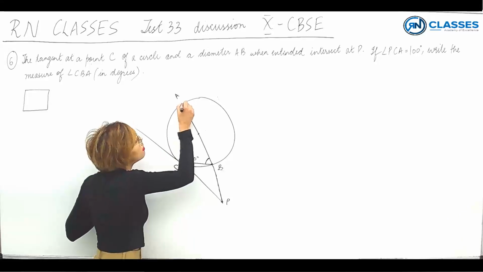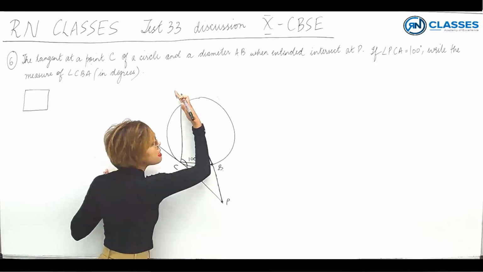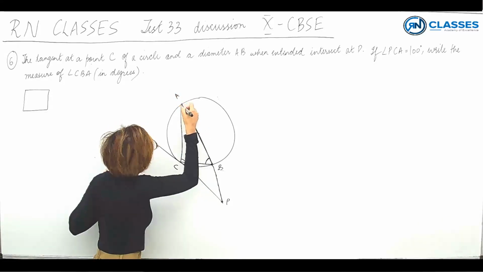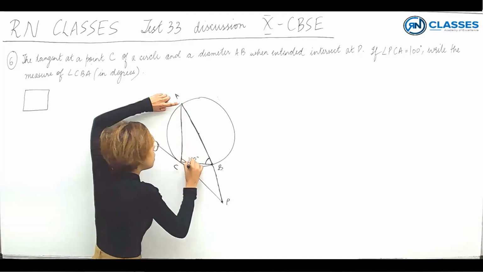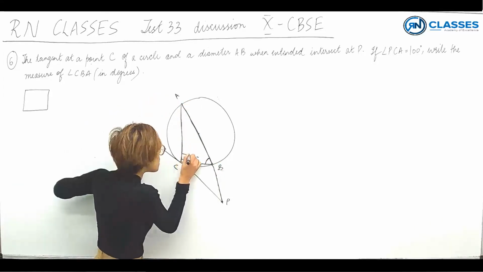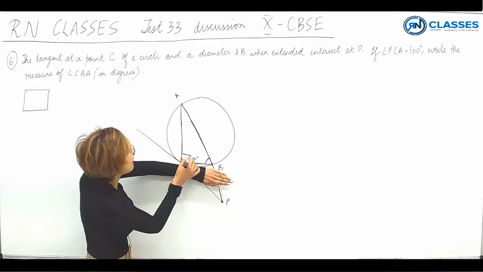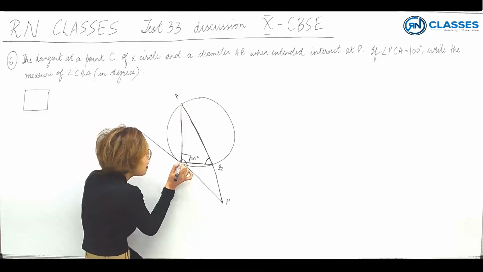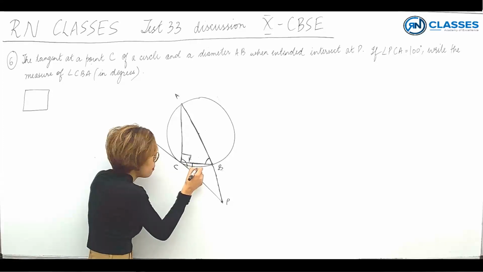Also, I know that this is a diameter. Now, diameter subtends this angle. Can you tell me what this angle is? Of course, it is 90 degrees. Angle in a semicircle. Now, entire angle is 100. So, that means this angle is 10 degrees.